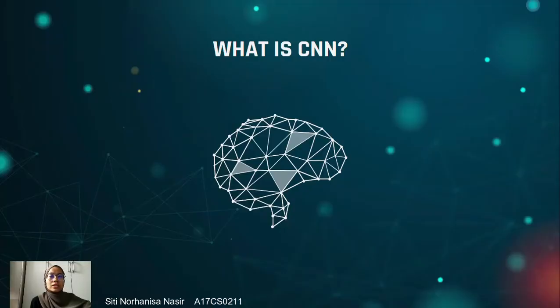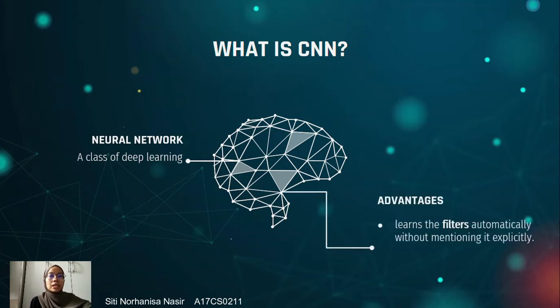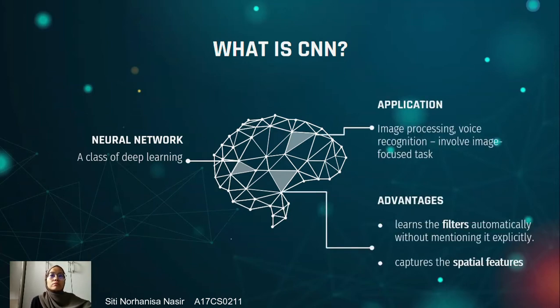What is actually CNN? As we may know, CNN is a class of deep learning, same like ANN that we learned previously. But CNN focuses more on image tasks such as face recognition, classification, and face detection. Also, not only image-focused tasks, but voice recognition is included in the applications of CNN.